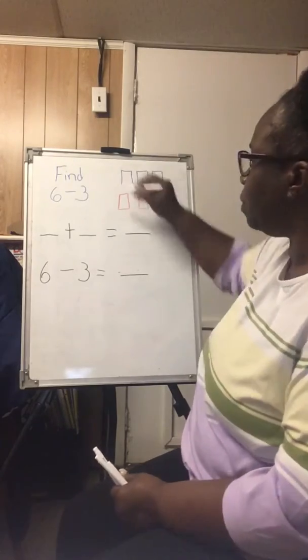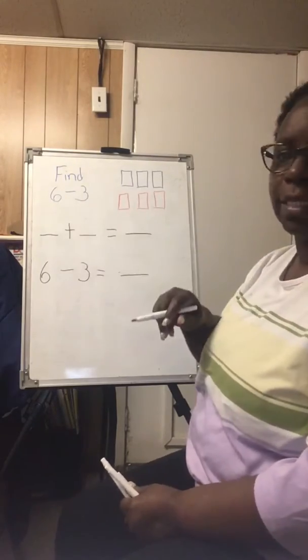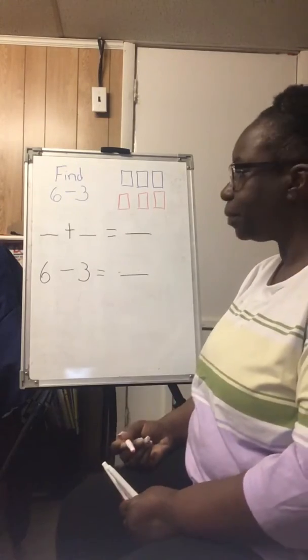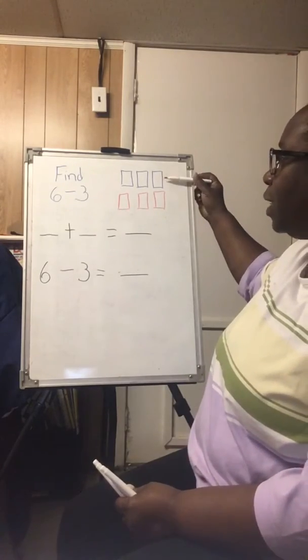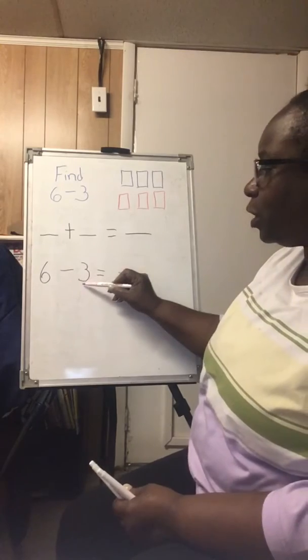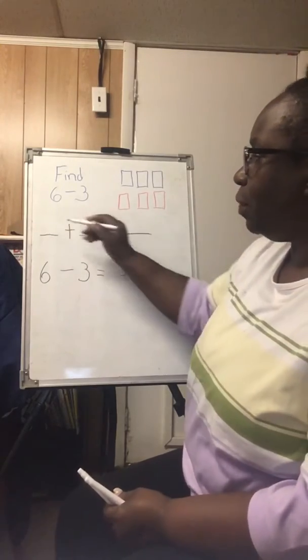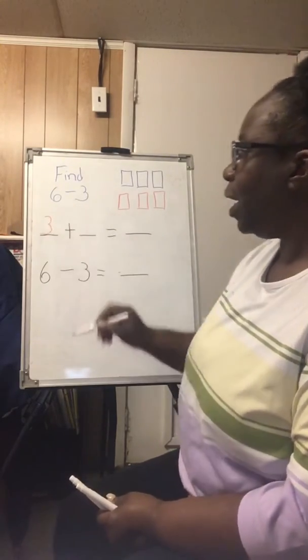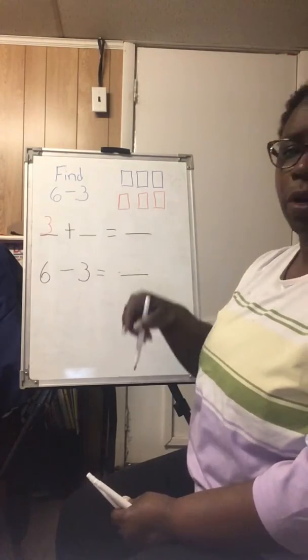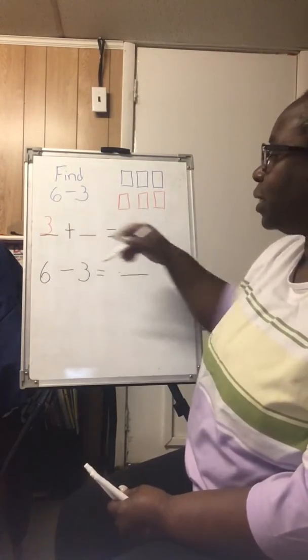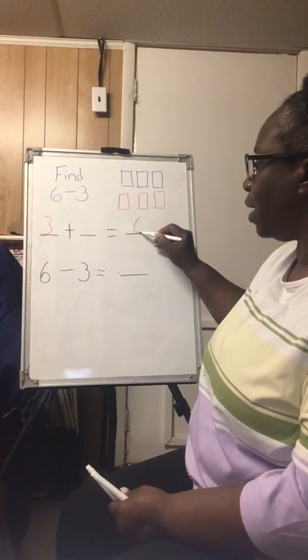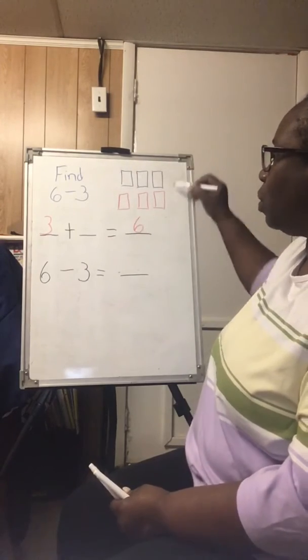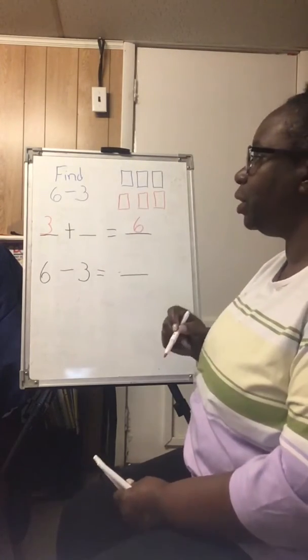So now I have 6 blocks in all because I'm working with 6 and I'm working with 3. So looking at this, we know we're going to use this 3 up here, right? Because we have to have that 3. And then we're going to figure out what it equals to 6. So we're going to take our 6 and put our 6 right here because that's our whole total number, and that's the number we're using.